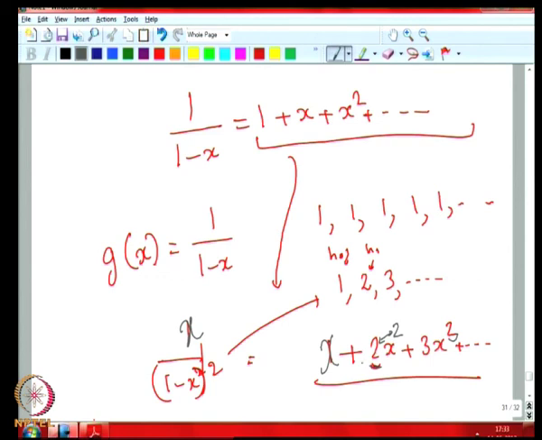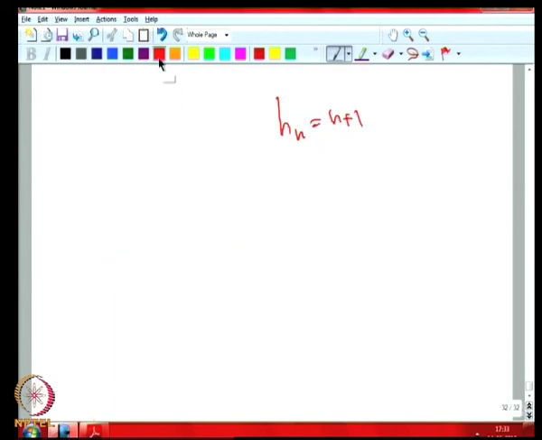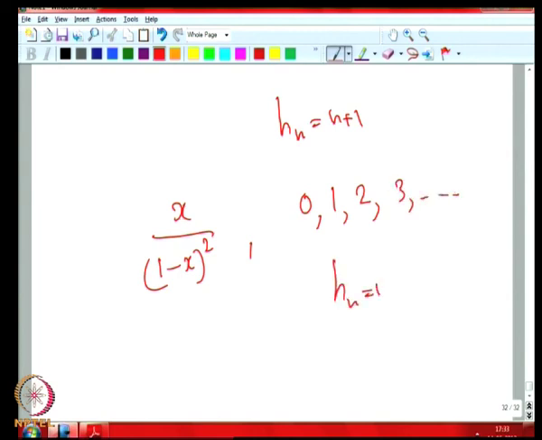We are just starting with x, not with a constant term, so we put the first term as 0: 0 plus x plus 2x square plus 3x cube and so on. So we see that x by 1 minus x whole square is the generating function of the sequence 0, 1, 2, 3 and so on, that is hn equal to n.